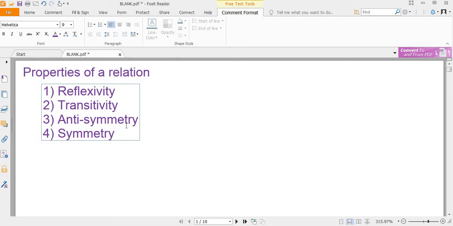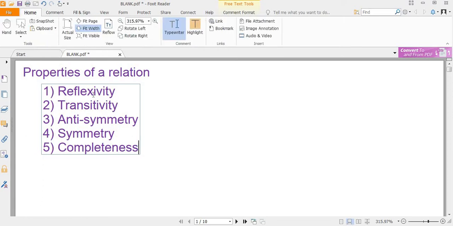When we start looking at antisymmetry and symmetry, we realize that they start with the same concept in mind, but the conclusions derived are different for these 2 properties. So one is symmetry and the other is antisymmetry. The fifth and final property that we will be talking about is the property of completeness. In simple terms, the property of completeness deals with whether we can comprehend the entire set or not.